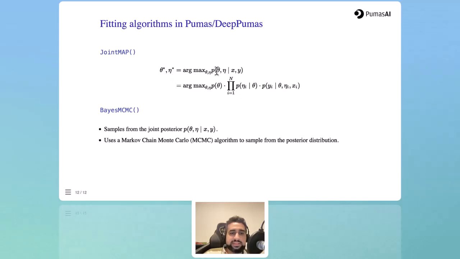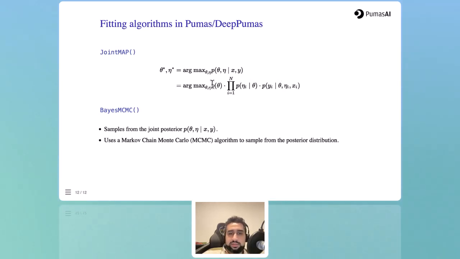Now, when we maximize, typically we take the log of this and maximize the sum of the logs of these quantities. But it's the same thing, because log is a monotonically increasing function, so maximizing the log of something is the same as maximizing the quantity itself. Of course, the quantity has to be strictly positive.